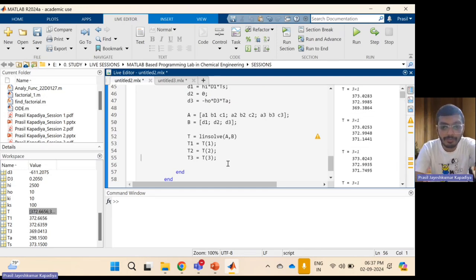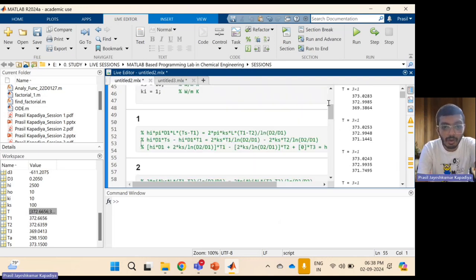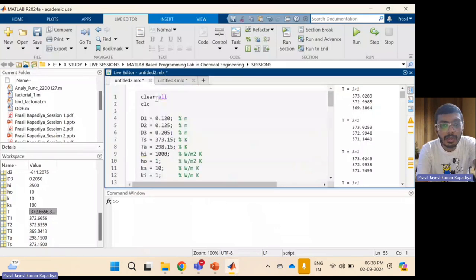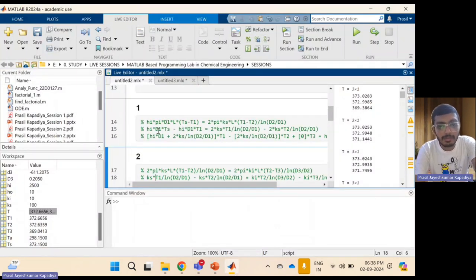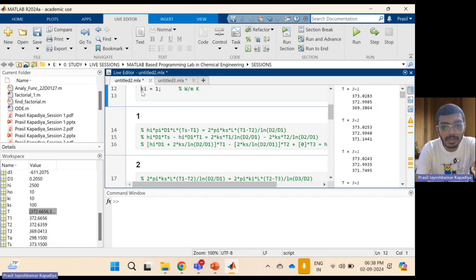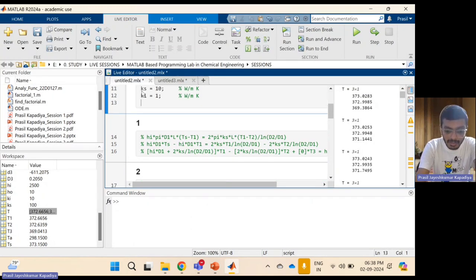So I want to save my output. So here I will create one null matrix. Wait, it's not working. The laptop is getting slow. Just a minute. Here I will create one null matrix with the name output.